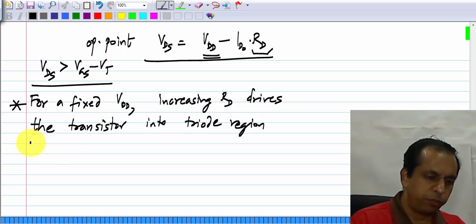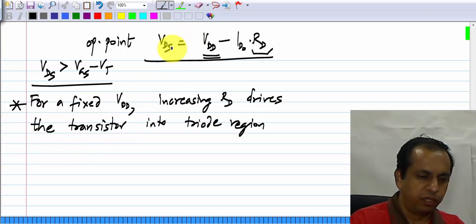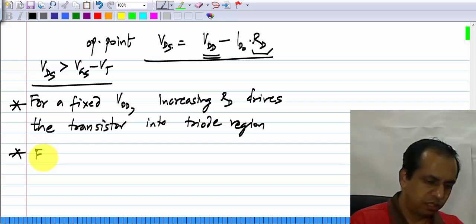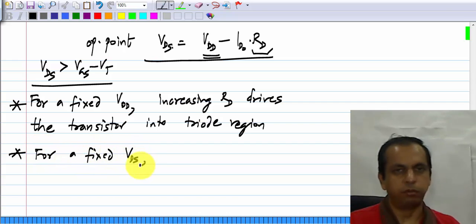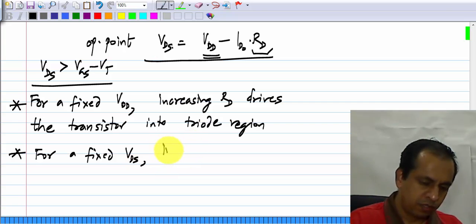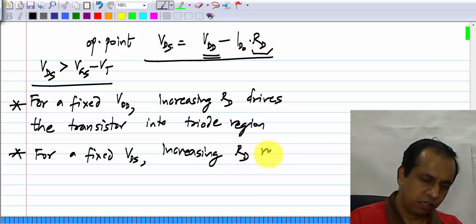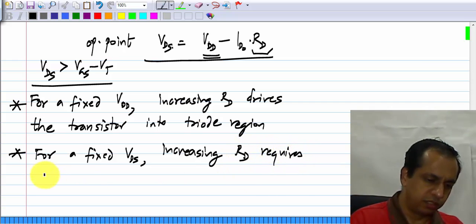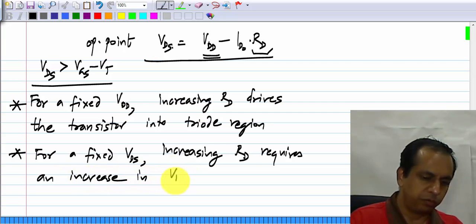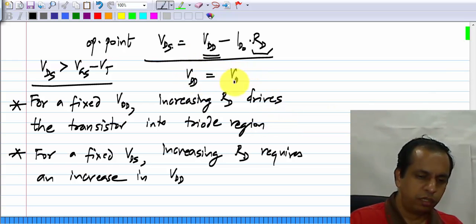Alternatively, if you want to maintain a fixed VDS, let us say we wanted VDS to be fixed, you decide that you want to have a certain VDS and you want it to be fixed, then increasing RD requires an increase in the supply voltage VDD. Okay, because VDD will have to be whatever VDS you choose plus ID0 times RD.